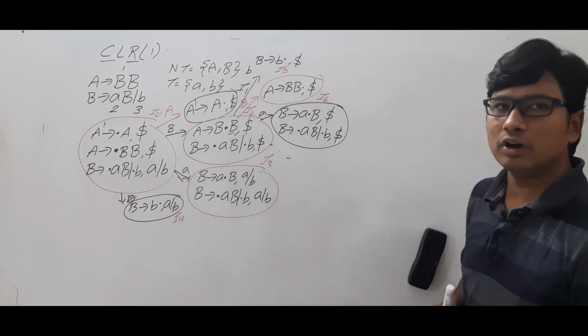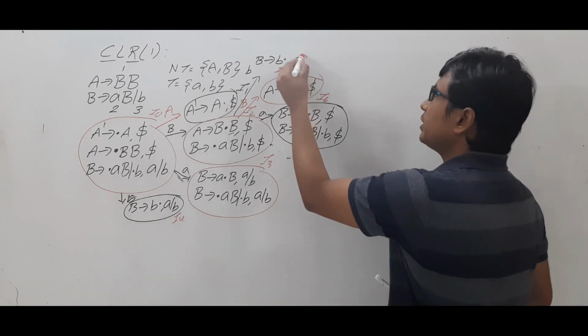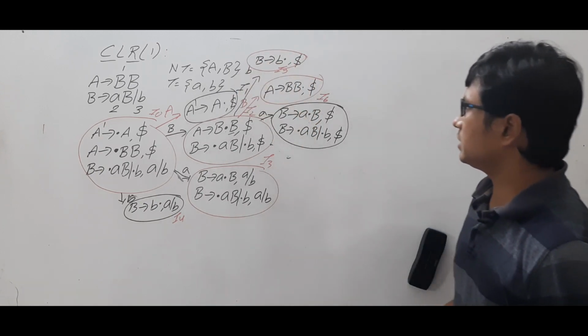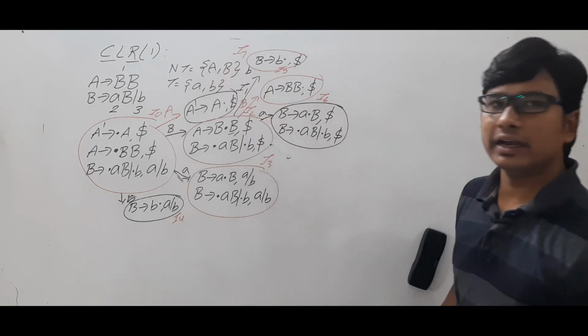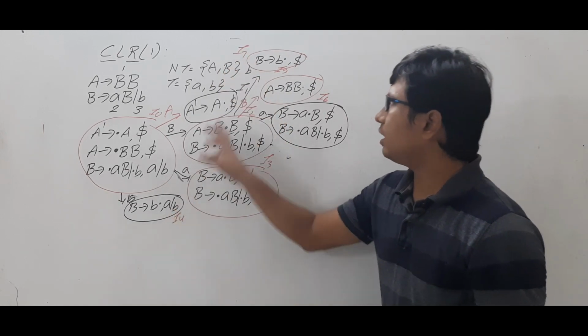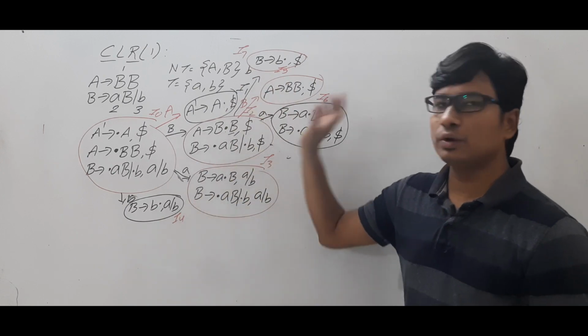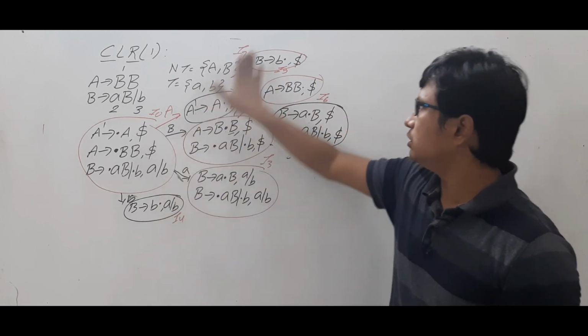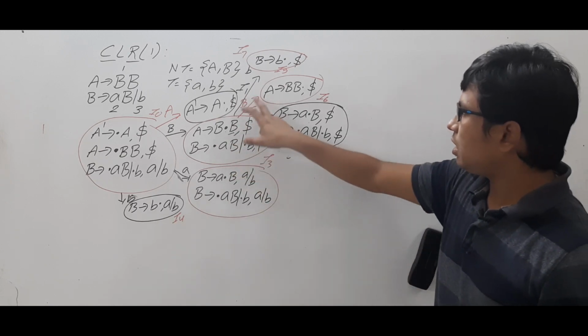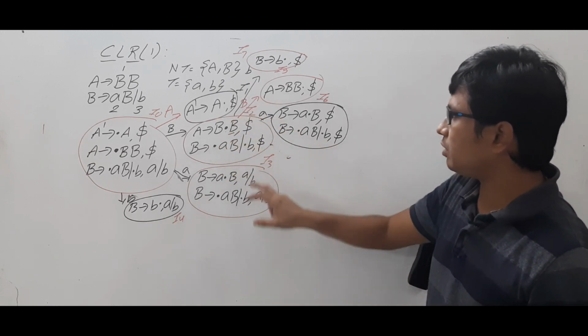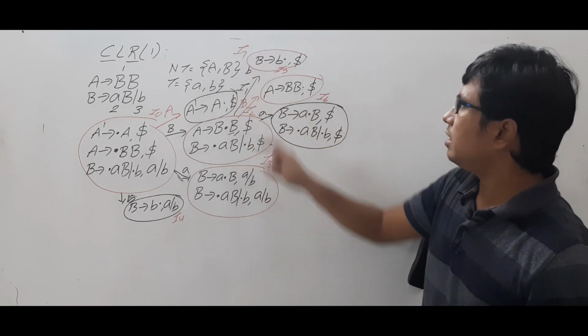As after dot there is no non-terminal, we do not need to compute the closure. Let me write this as I7. Now look at I4 and I7. They differ only in the look ahead. Otherwise, these two productions are the same. Is it clear? So from I2 on B I have computed, on A I have computed, on small b I have computed.